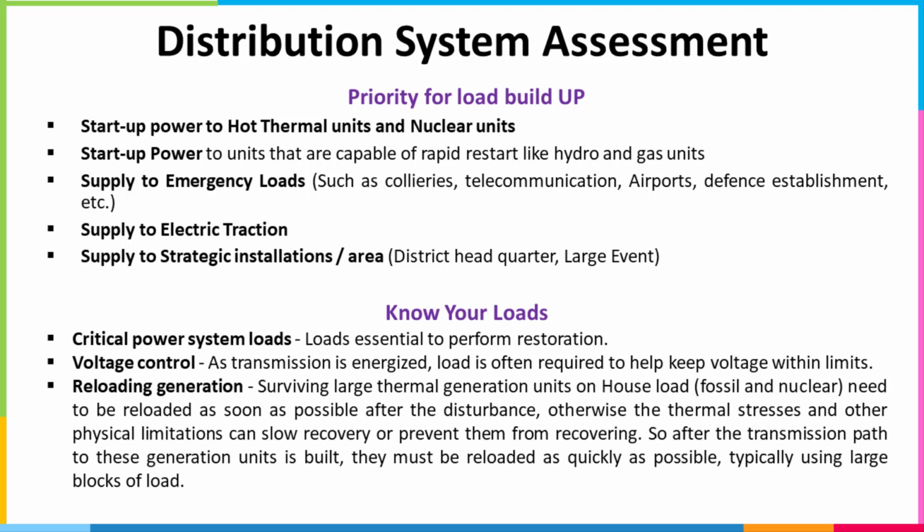If I am bringing up a substation of, let us say, 500 megawatts, then I should have at least 10, 20, 30 or 40% in terms of thermal generation available, so that I can slowly pick up the load, the load-generation balance can be achieved, and the unit is in a stable mode of operation, not an unstable one. That's why this distribution level assessment also has to be there.